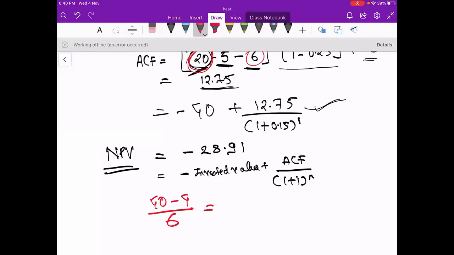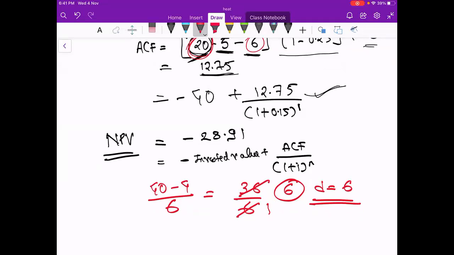So how much is it coming? 36 by 6, so D equals 6. In this question, we are focusing on NPV, so I have not written the detailed steps for depreciation. This is very easy, no?